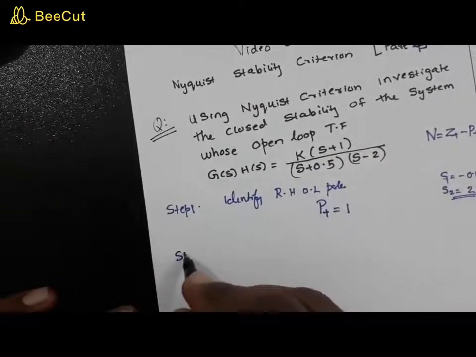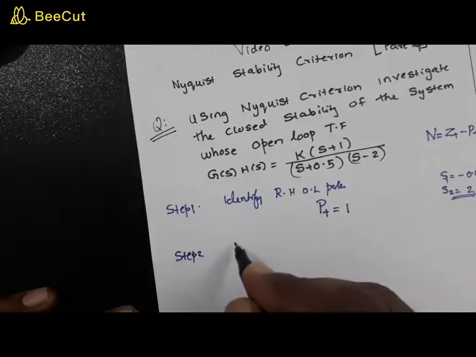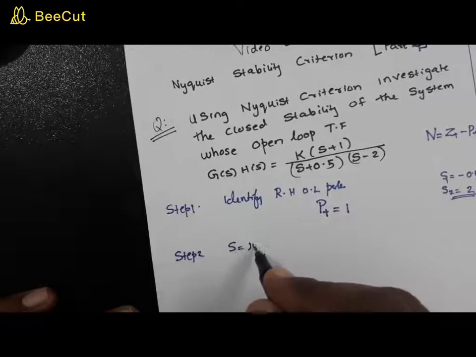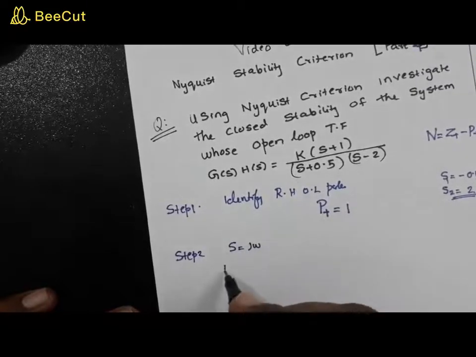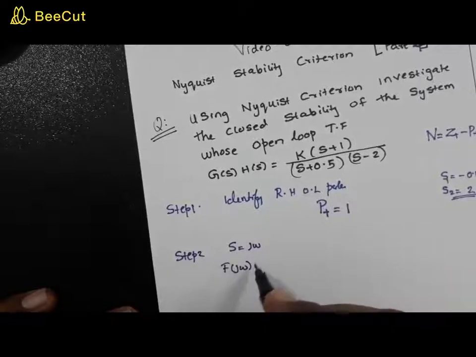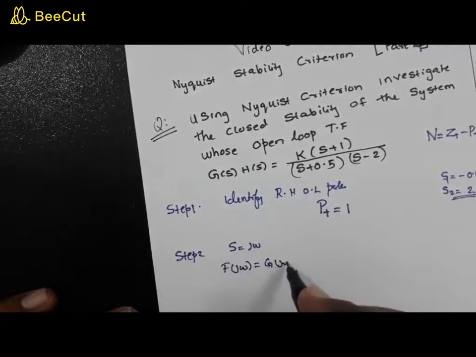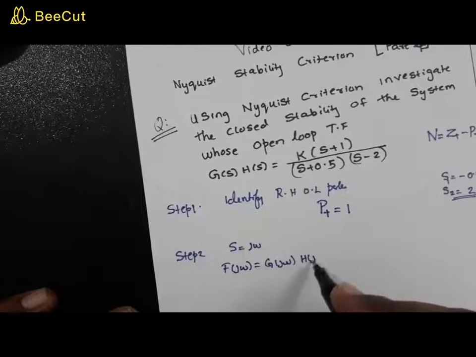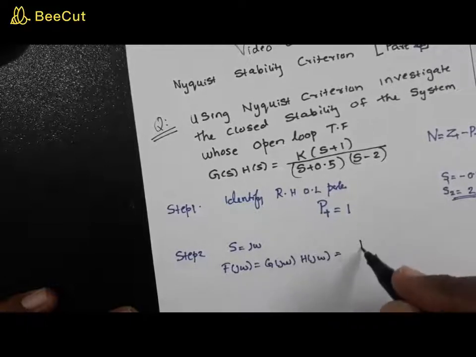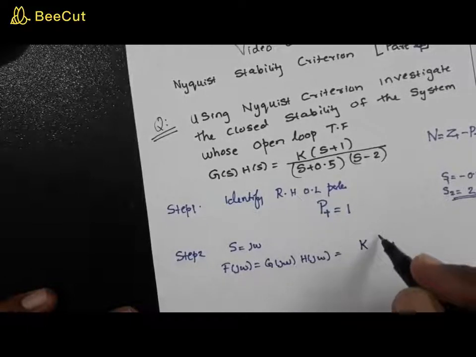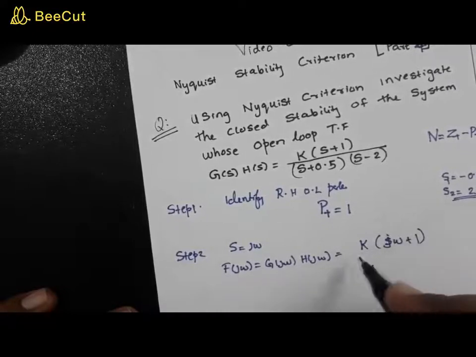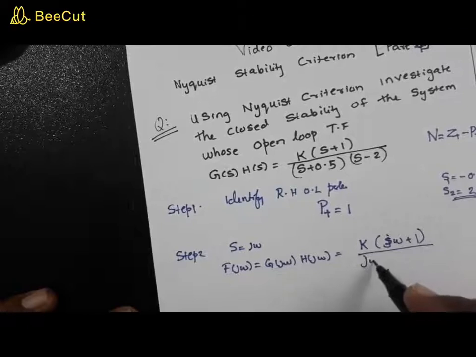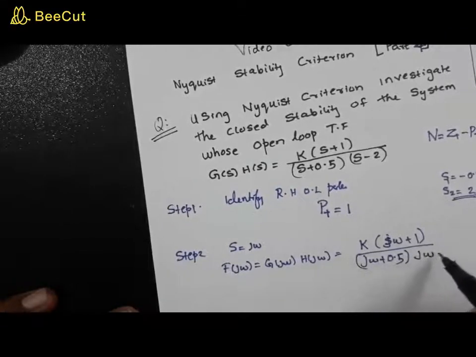Now what's your step 2? In step 2, you put s equal to j omega to get your F of j omega, which is nothing but G of j omega into H of j omega, which is equal to K times (j omega plus 1) divided by (j omega plus 0.5) into (j omega minus 2).